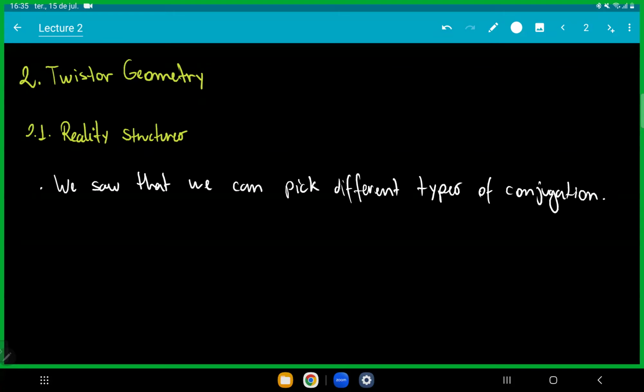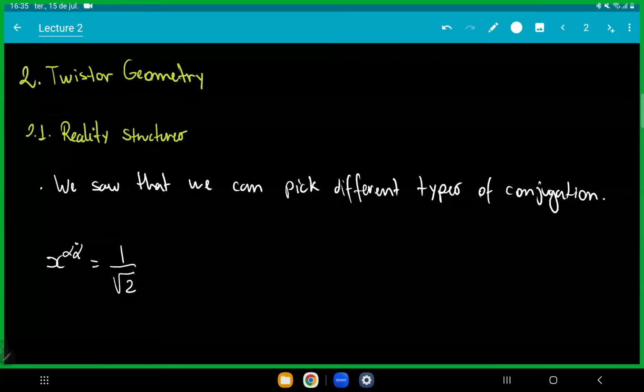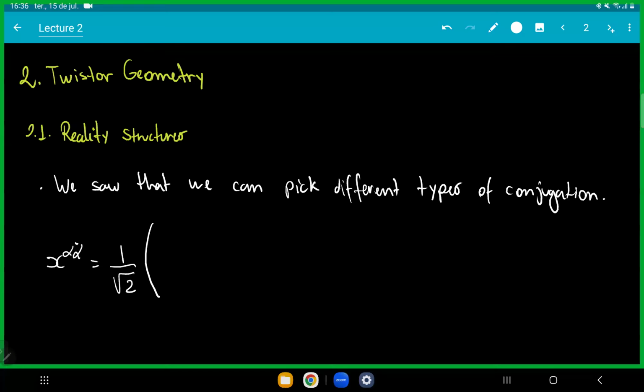The structure that we were using to coordinatize C4 was four complex numbers, which we can arrange in a matrix. That's convenient, because it easily allows us to see the spinorial structure and relate it with actual spacetime.